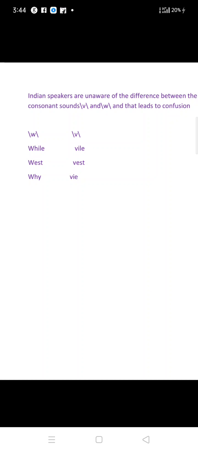This is the reason we should learn phonetics, because phonetics is about sound. You will be able to learn so many new sounds. You will be able to differentiate between similar sounds like s and sh, z and s.